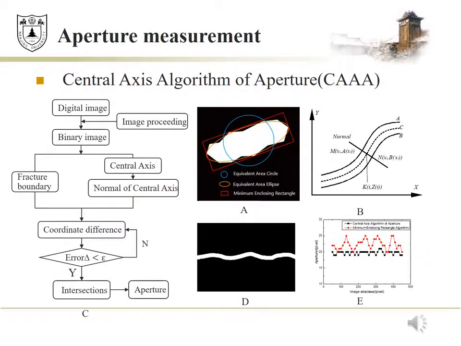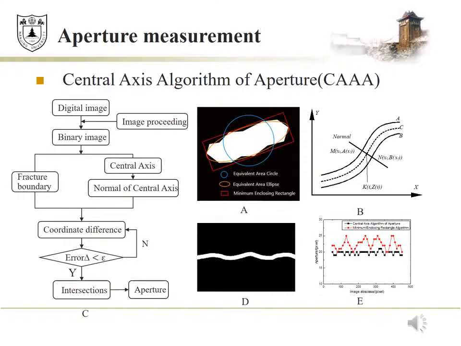A boundary image of an ideal fracture whose size is 500 by 340 pixels and whose aperture is constantly equal to 20 pixels, made by ImageJ and shown as Figure D, was used to verify the validity and accuracy of the CAAA.